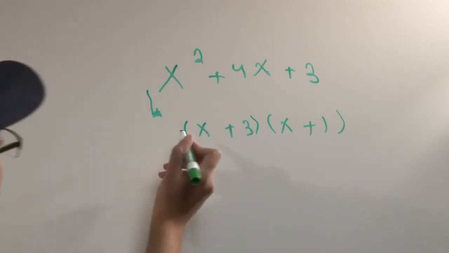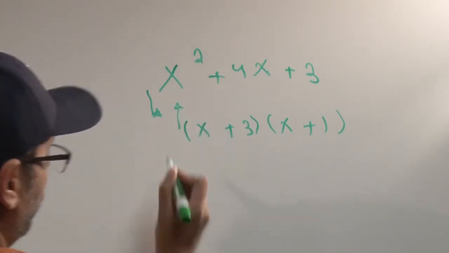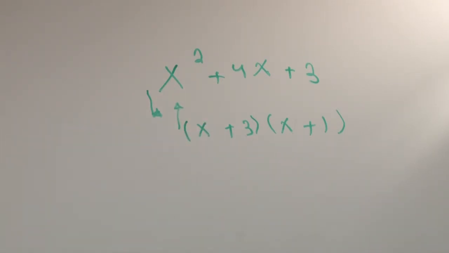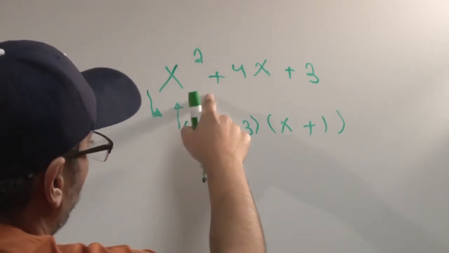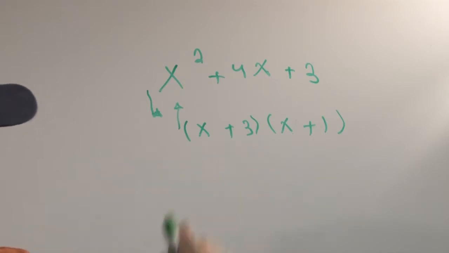And from that to this, I call it distribution. So I want to factor that to this way. Actually, this is the answer.